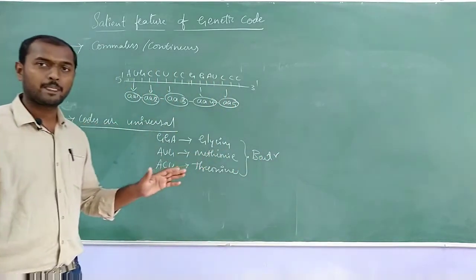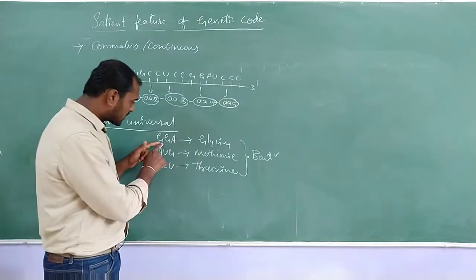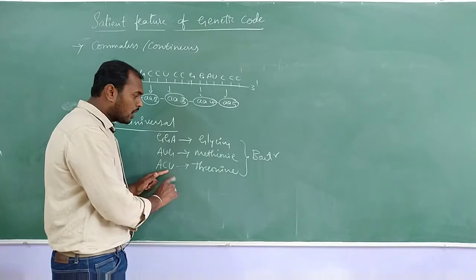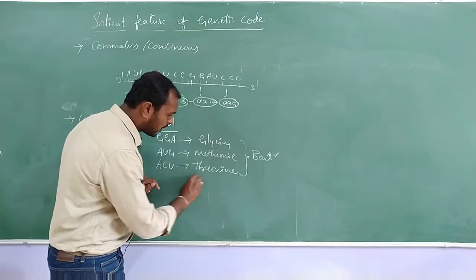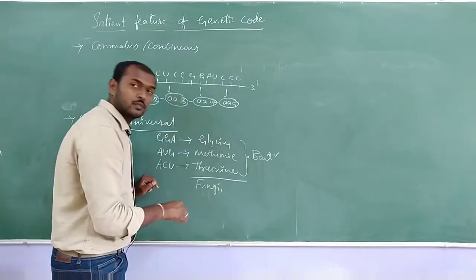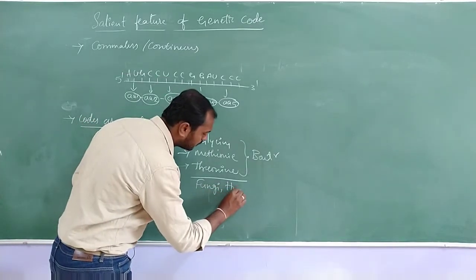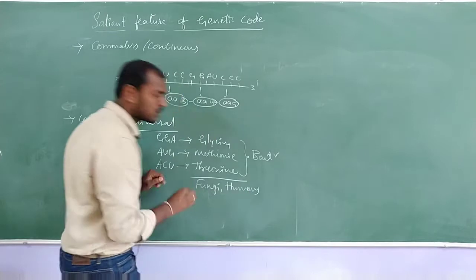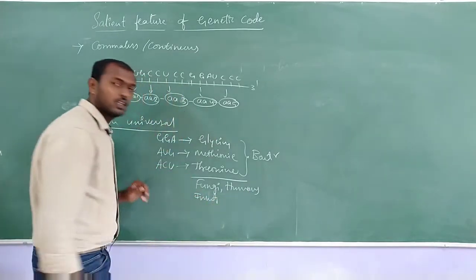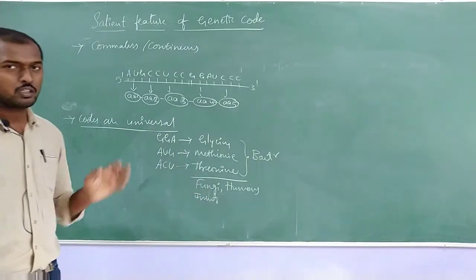then the same GGA, AUG and ACU are going to code the same amino acids in fungi, in humans, and in insects. They will remain the same.